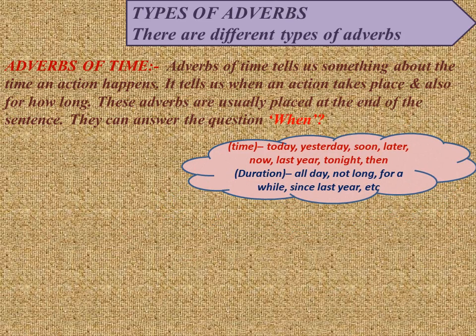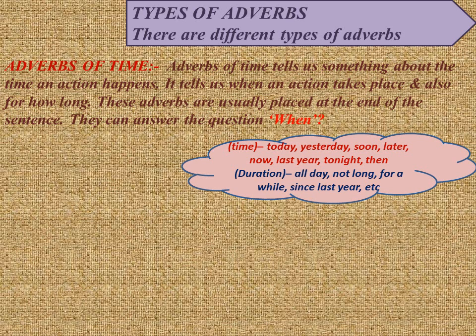Before that, let me tell you which words are used in adverbs. Words like today, yesterday, soon, later, now, last year, tonight, then are adverbs of time. Now, what are the words used for duration? All day, not long, for a while, since last year, etc. There are many other words.